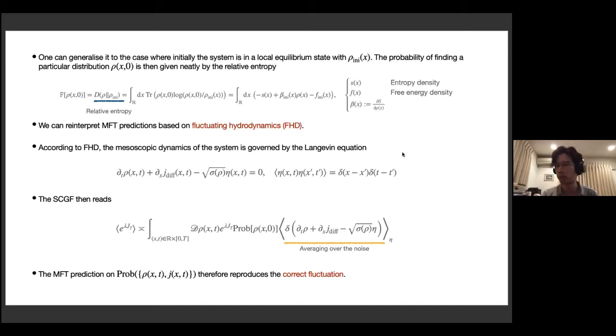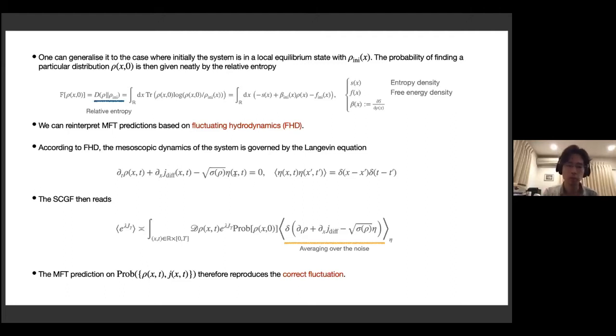But they might do something in some particular situations, and the idea of fluctuating hydrodynamics is to put all the non-trivial contributions possibly coming from these neglected terms into this white noise.